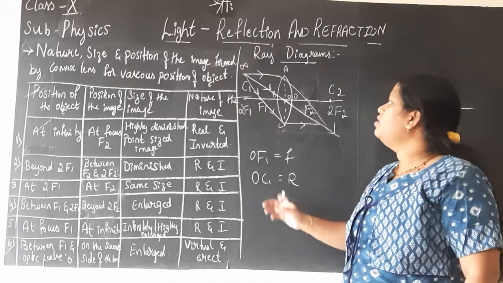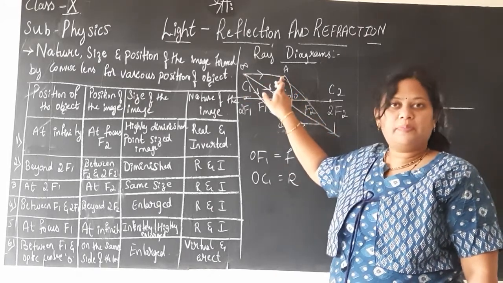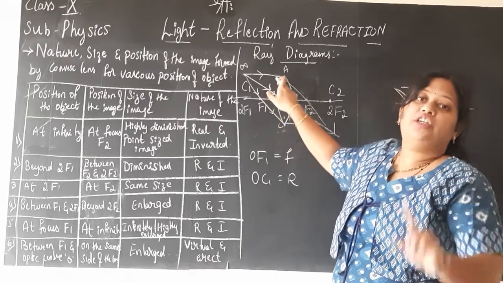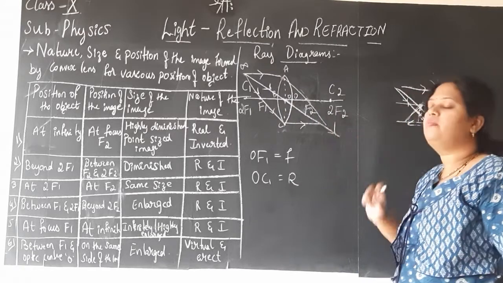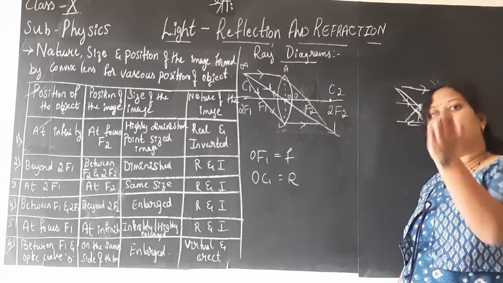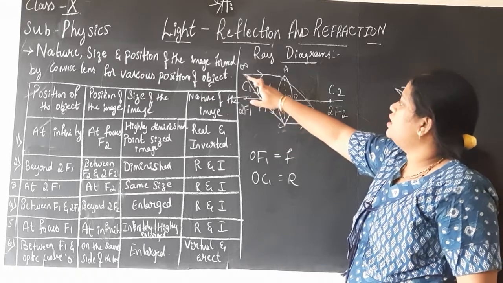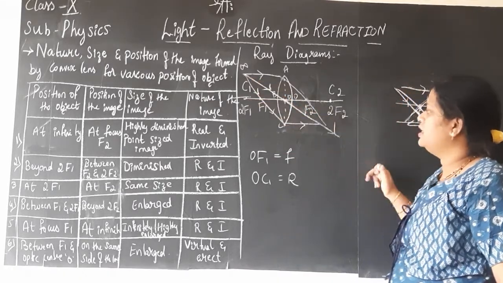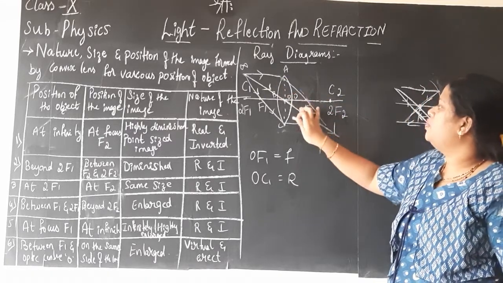Hence, you can choose a ray of light which is passing parallel to the principal axis. Make sure you show the ray of light passing through the principal focus of the lens on the other side of the lens. If you are drawing a ray of light passing through the optic center, please don't mark the arrow in the opposite direction.